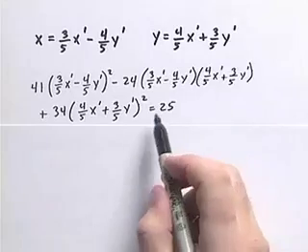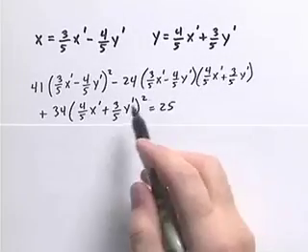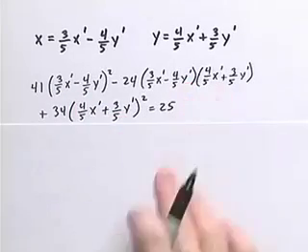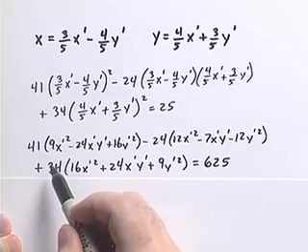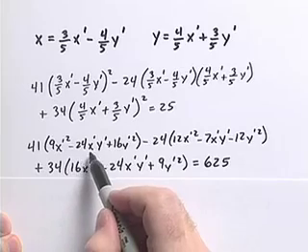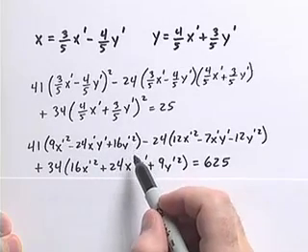If we multiply both sides by 25, that will get rid of our denominators, and then we're going to expand each of these squares and this product. We'll end up with 41 times, in parentheses, 9x prime squared minus 24x prime y prime plus 16y prime squared.